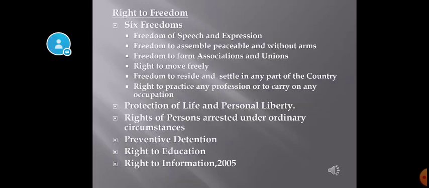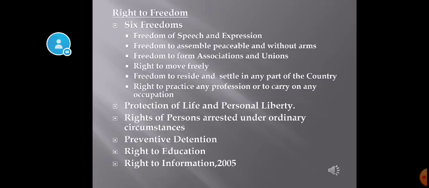This is not a punitive but a precautionary measure. The Constitution gives these rights to a detainee. Detainee means one person who is caught by the law.